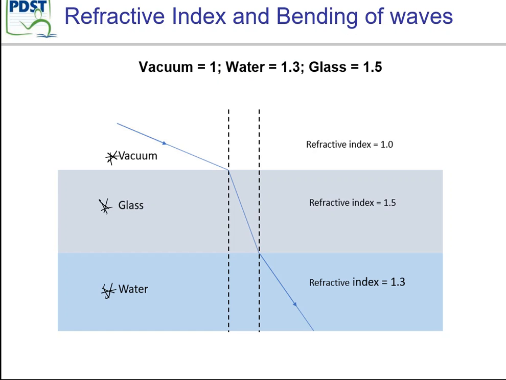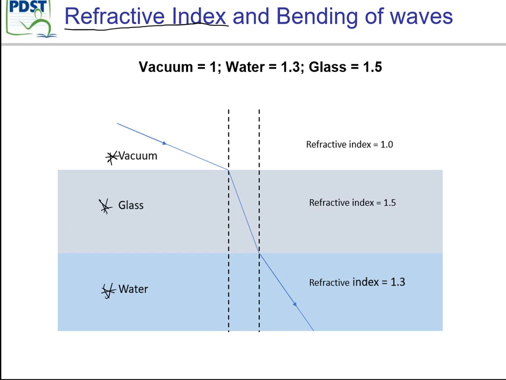Each medium has what we call a refractive index, starting with vacuum. I'm not going to talk much about refractive index, but by convention, vacuum has a refractive index of 1.